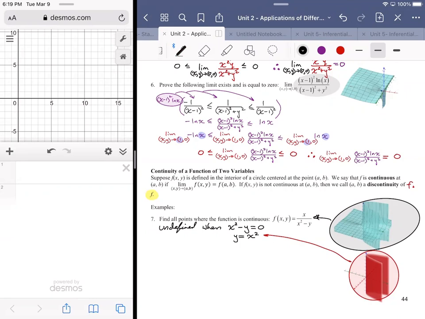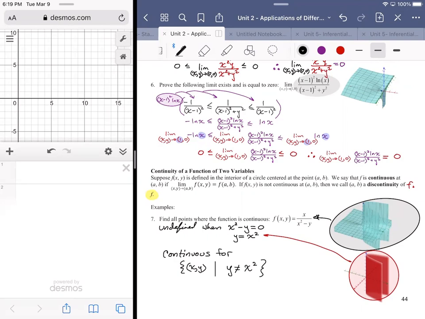So what we could do is make a statement saying that the function is continuous on the set, if we're using set notation, of (x, y) such that y cannot be equal to x squared.